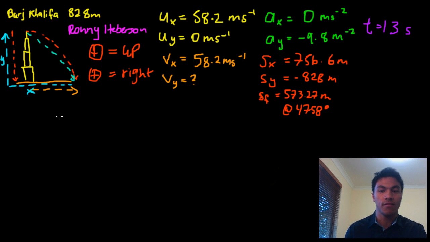Vy we can easily find out because we found out how long it takes for the ball to drop to the spot. So remember, the time it takes to get across in the horizontal component is the same as the time it takes to get down to the ground. So we can figure that out.